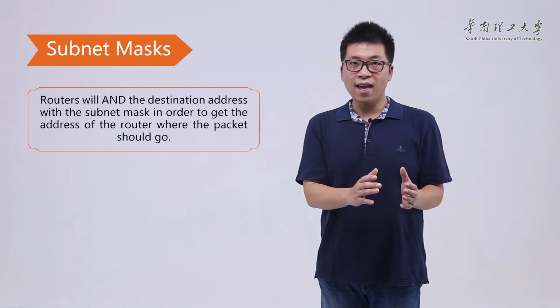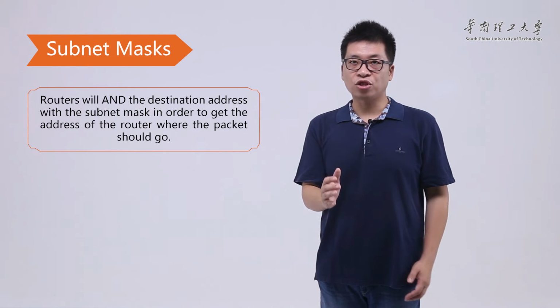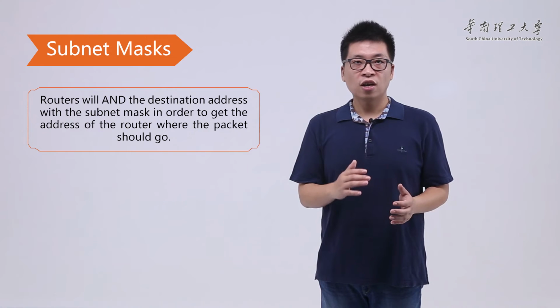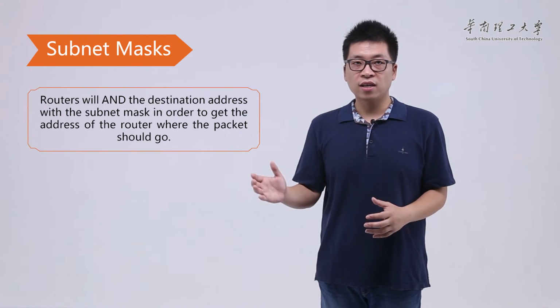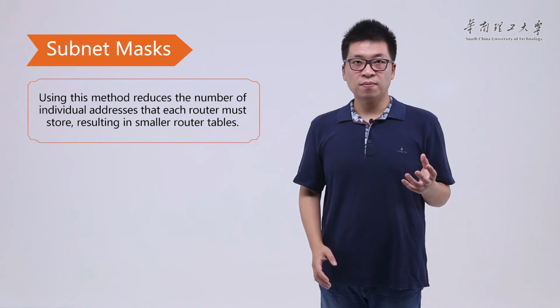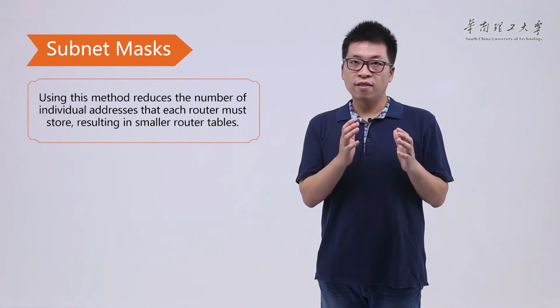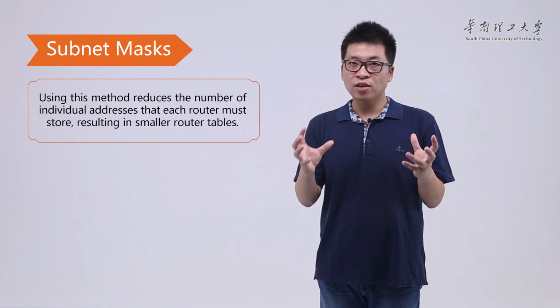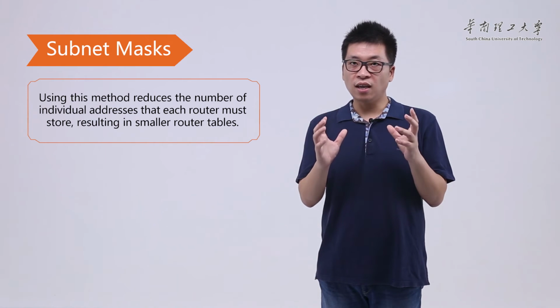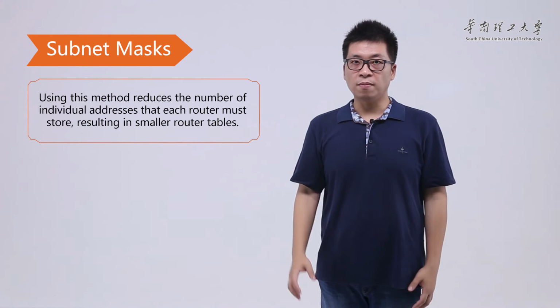Routers will AND the destination address with the subnet mask in order to get the address of the router where the packet should go. Using this method reduces the number of individual addresses that each router must store, resulting in smaller routing table.